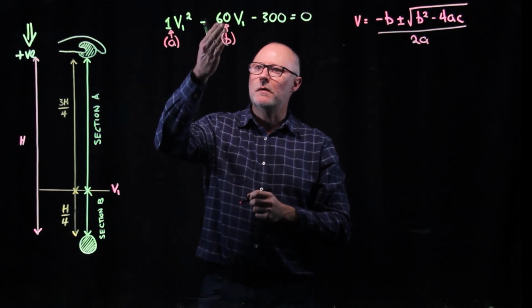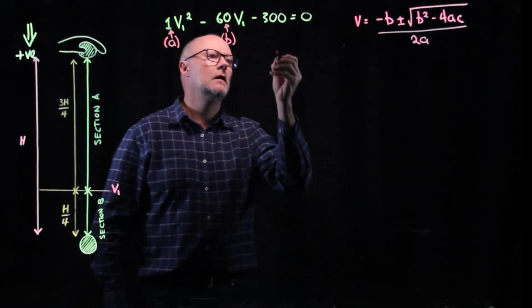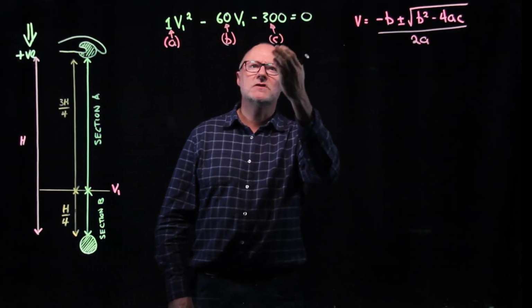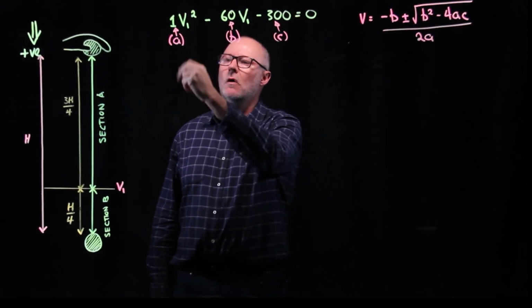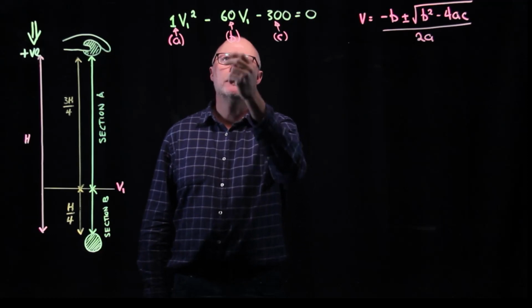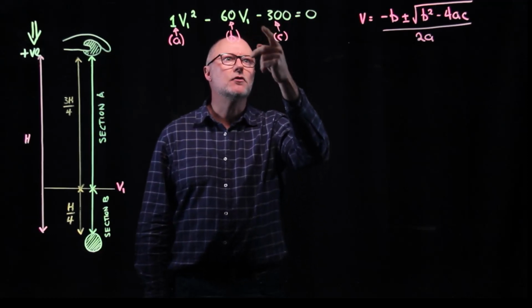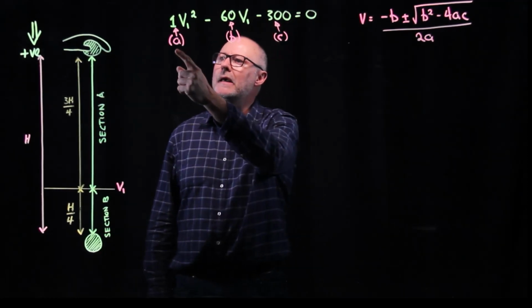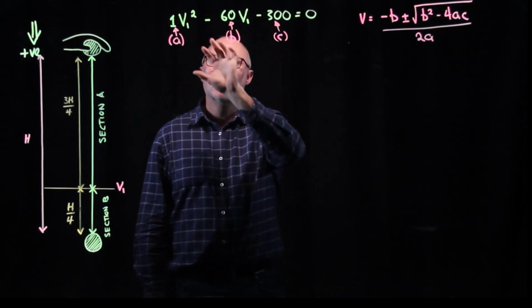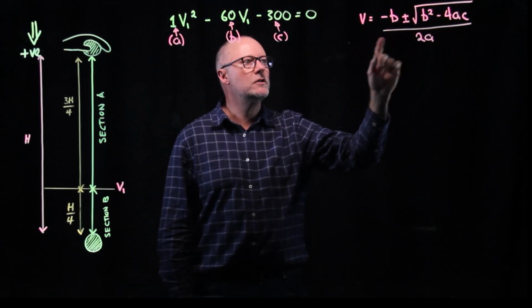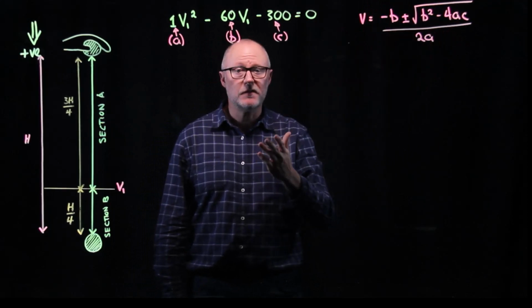Our coefficient b is represented by negative 60. And our coefficient c is represented by negative 300. Here a is the coefficient on the v squared, b is the coefficient on the v, and c is the remaining numerical coefficient. So a is plus 1, b is minus 60, and c is minus 300. We can take those values, put them into this equation, and that will give us our answer for v. So let's give that a go.